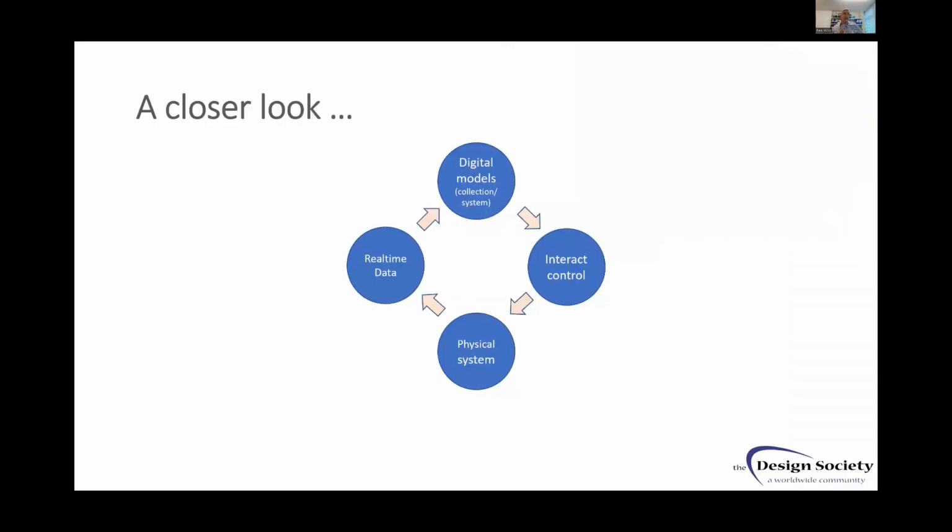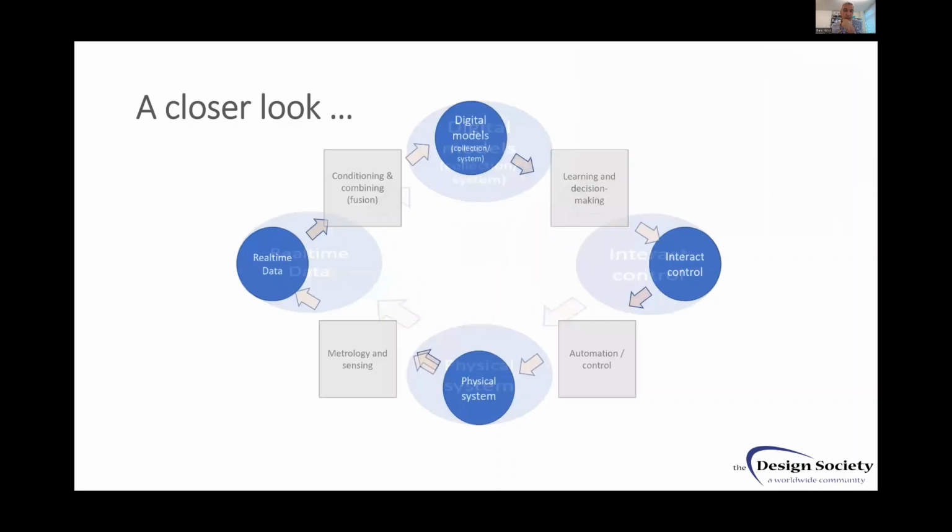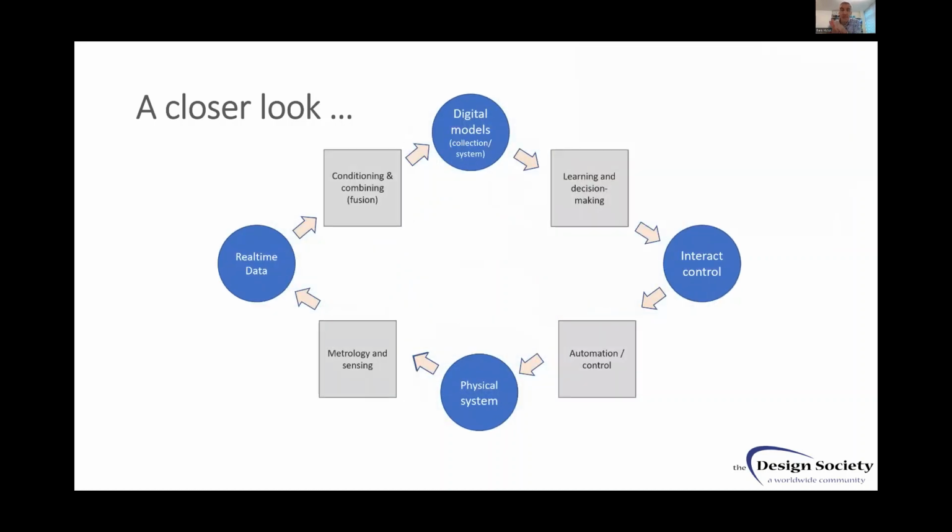So to explore this, let's take a closer look at our digital twin. I'm going to start calling it the digital twin system. This is based on our definition of a digital twin. We've got the four elements, we've got the four interfaces, and what we can start to do is to unpack that a little more. Each of those interfaces has a functional purpose. If we go from 12 o'clock, the interface between digital models and the ability to interact and control, there needs to be some means to generate understanding, to learn, and to make some decisions.